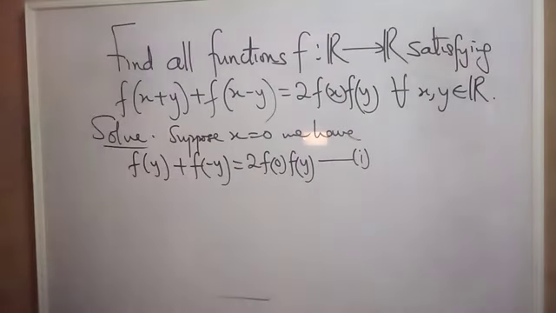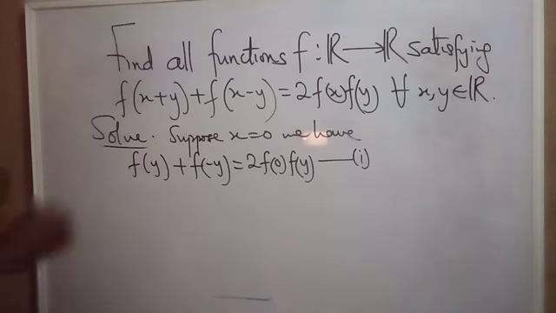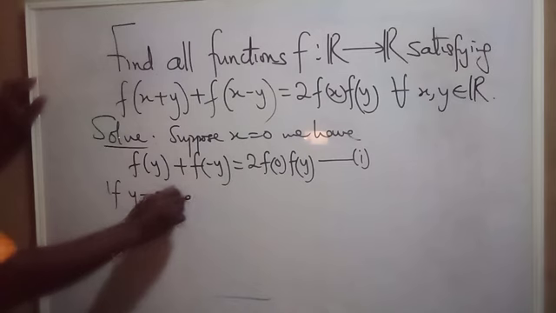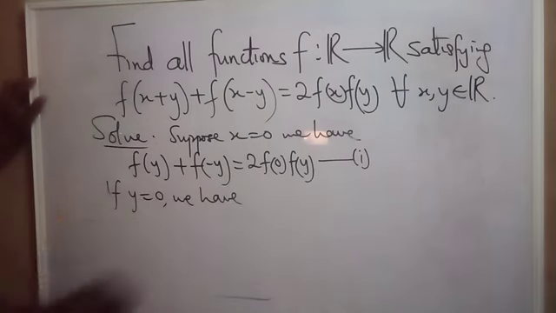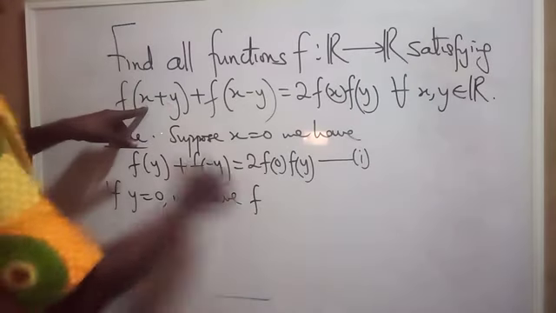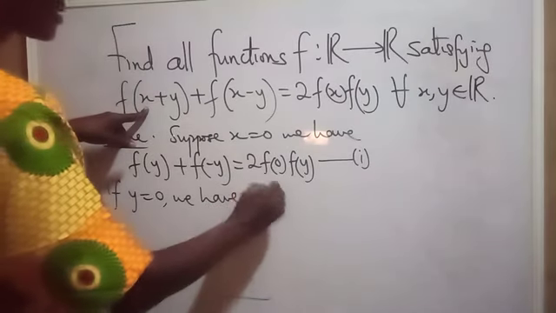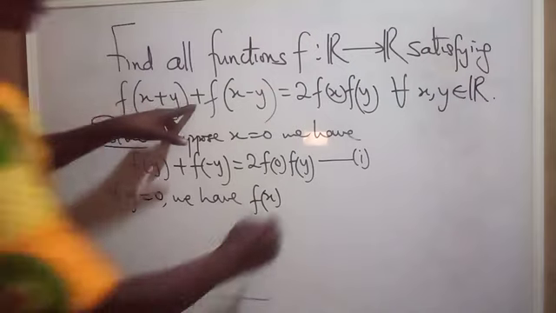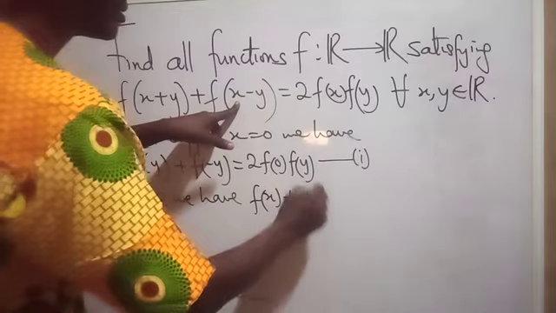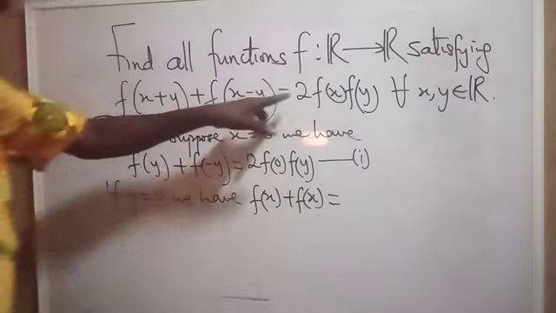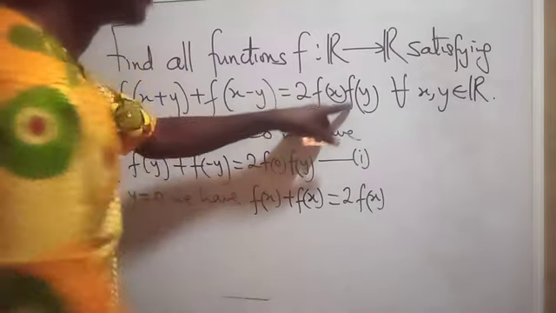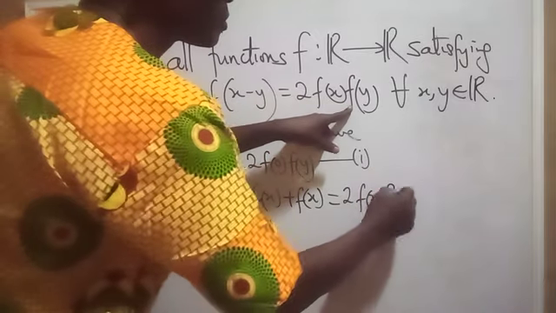Now let's try again, putting y to be 0. If y is equal to 0, we have f of x plus 0, that's x, plus f of x minus 0, that's x again, which will be 2 f of x f of 0.